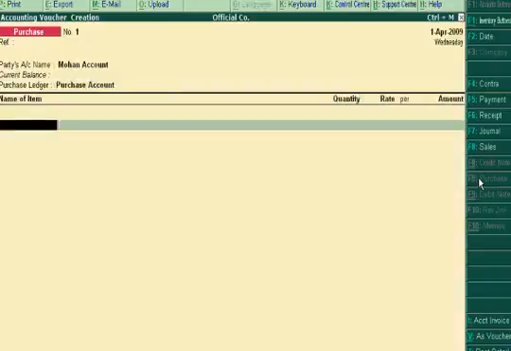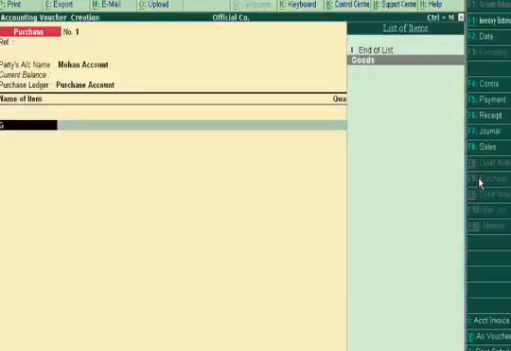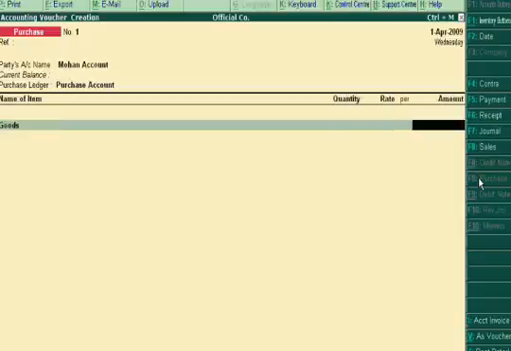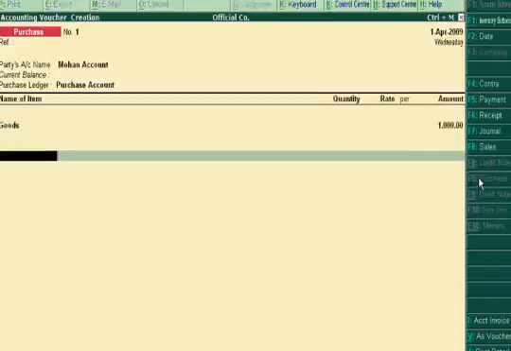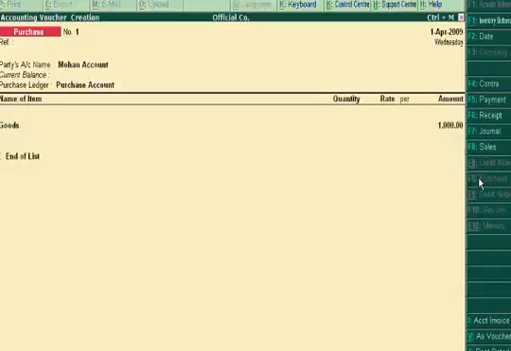Write it, purchase account, and then the goods, the inventory ledger we created. If there is any other item, you have to create it by pressing Alt plus C. Goods of 1000 rupees, accept it.